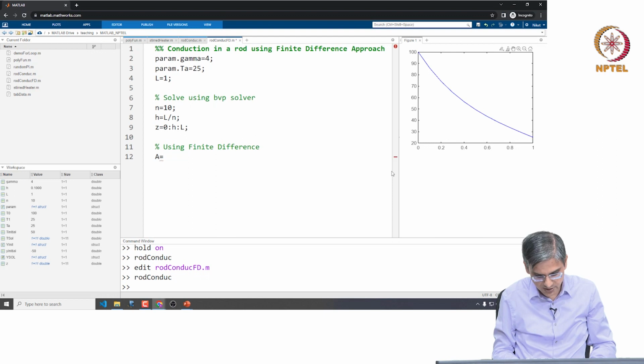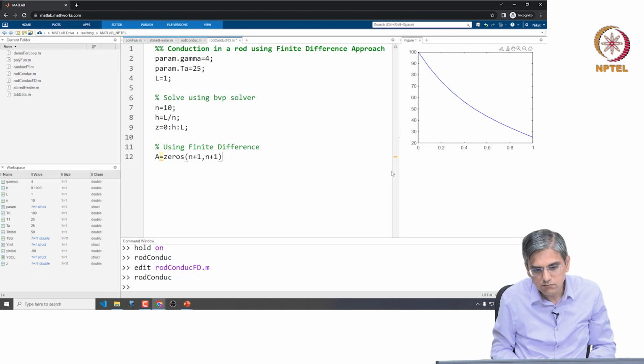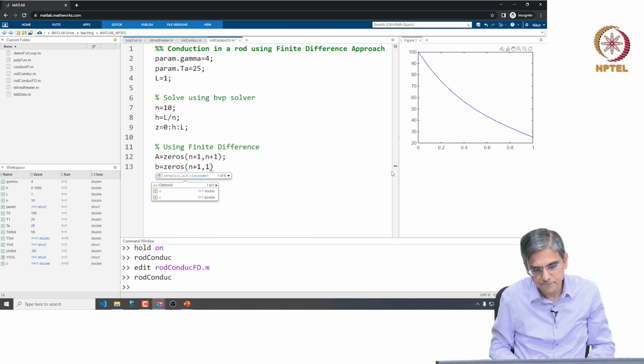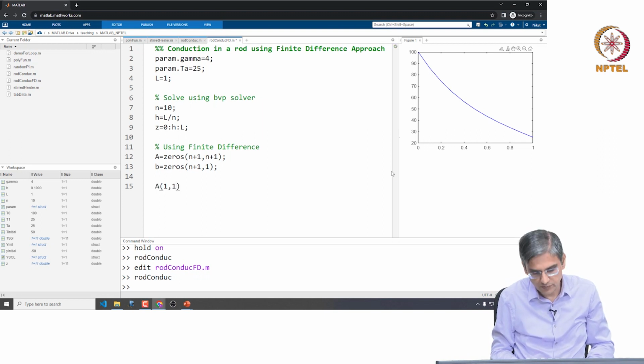So, A is nothing but, okay. Now, the first boundary condition is A 1 comma 1 is 1, b 1 is 100.